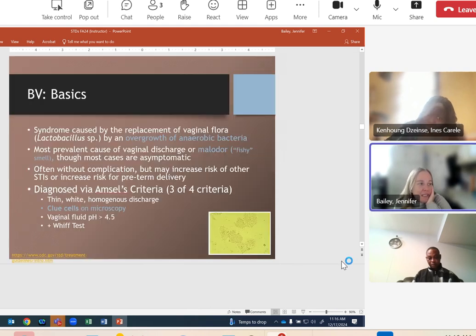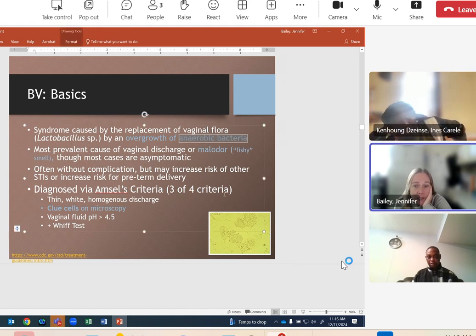Bacterial vaginosis is really just an imbalance of the natural flora where there's more anaerobic bacteria present than normal. It does cause a malodorous change in discharge.